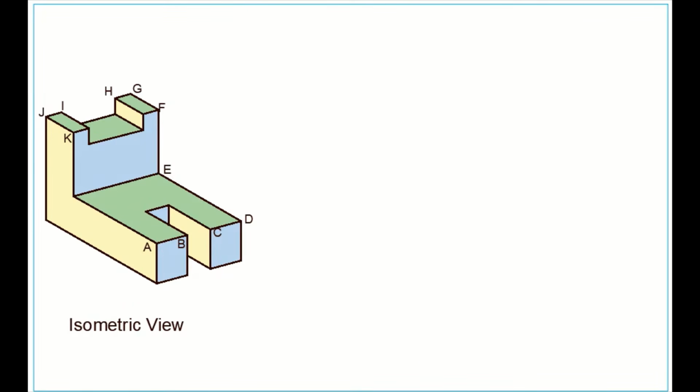So the first step in making the perspective projections is that we first make the picture plane line. The picture plane line is placed at an appropriate location on your sheet. So this is the picture plane line. Then the next step is that we place the top view of the given object so that one face of the object is touching the picture plane.